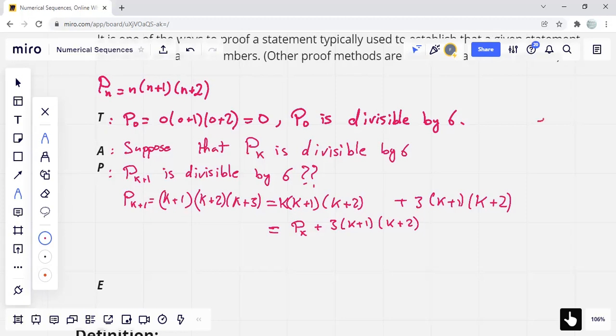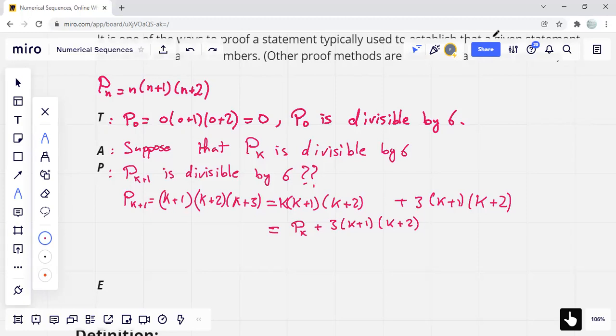An even number is usually denoted by 2m, for example, and an odd number is denoted by, for example, 2m plus 1 or 2n plus 1 or whatever. In this form, this is an even number. This form is an odd number. So if one of these is even and the other is odd, then one of them is divisible by 2.